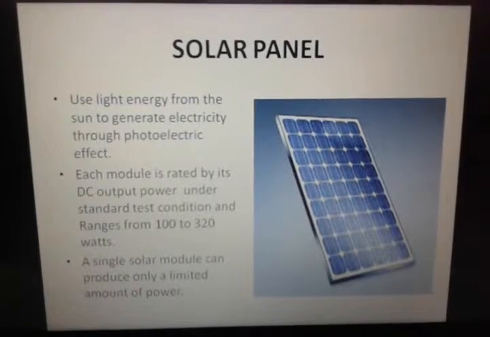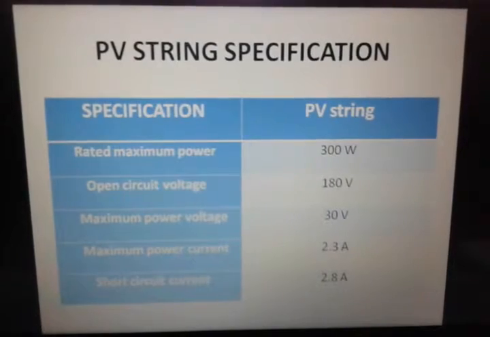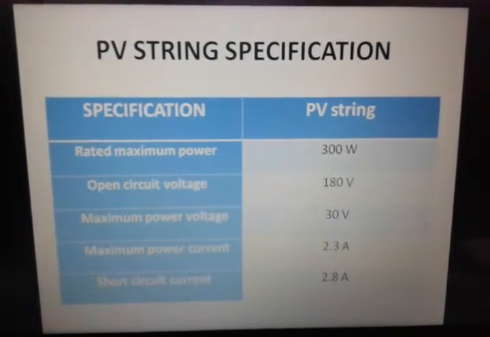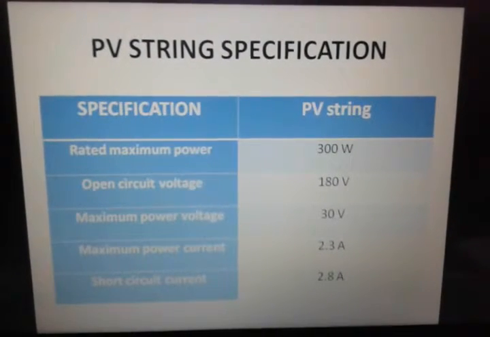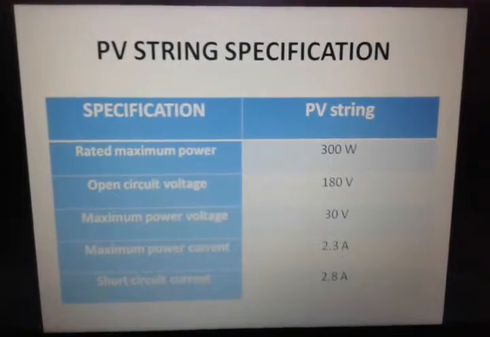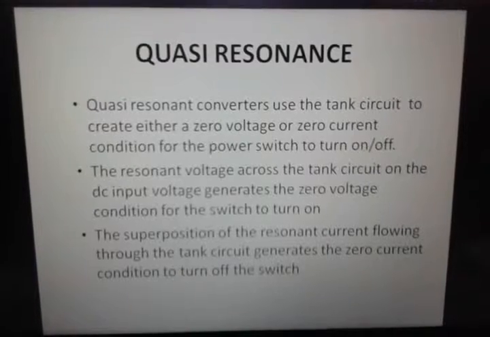A single solar module can produce only a limited amount of power. Specification: the rated maximum power is 300 watts, open circuit voltage 180 volt, maximum power voltage 30 volt, maximum power current 2.3 amps and short circuit current 2.8 amps.